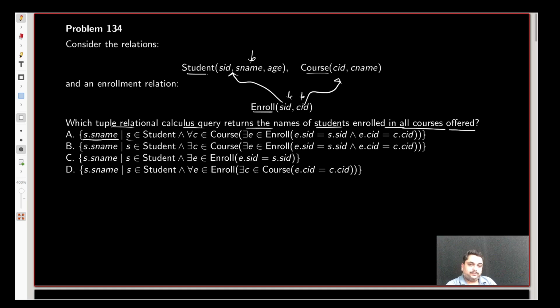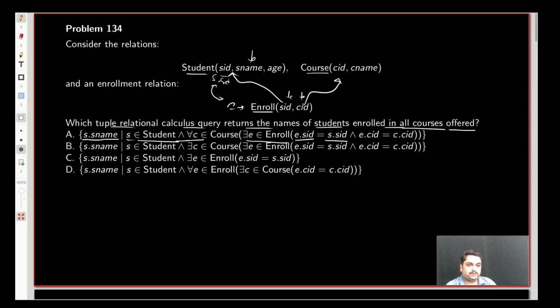So a tuple S belongs to student, and for all C, for all courses, C as courses, there exists E that belongs to enroll, E.SID equal to S.SID. So they should be equal.